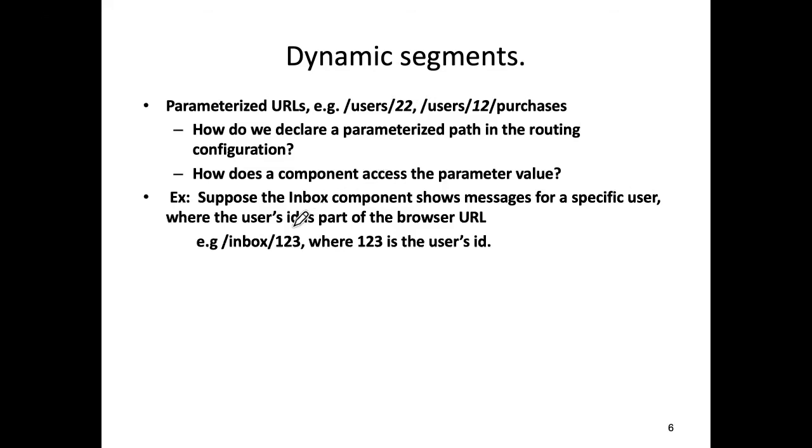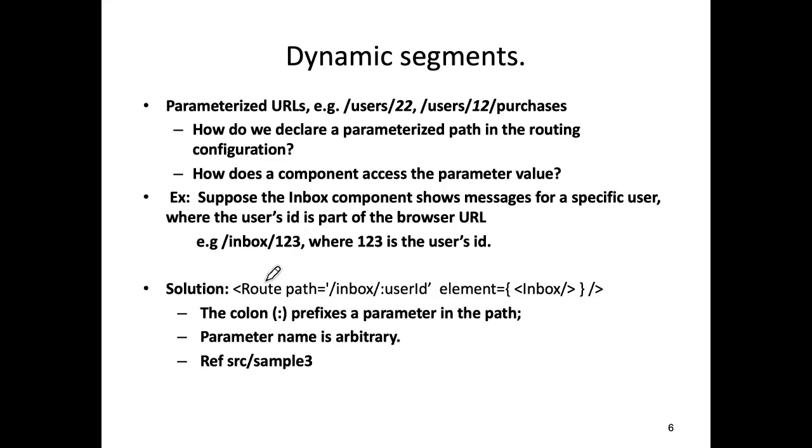Well, the first question was, how do we tell the React Router that the particular part of the URL is a variable part? If we bring it back to our inbox component, now we'd like to be able to support URLs that are structured like this, where the 1, 2, 3 represents the user's ID. In the route entry in the routing configuration, this is how you do it.